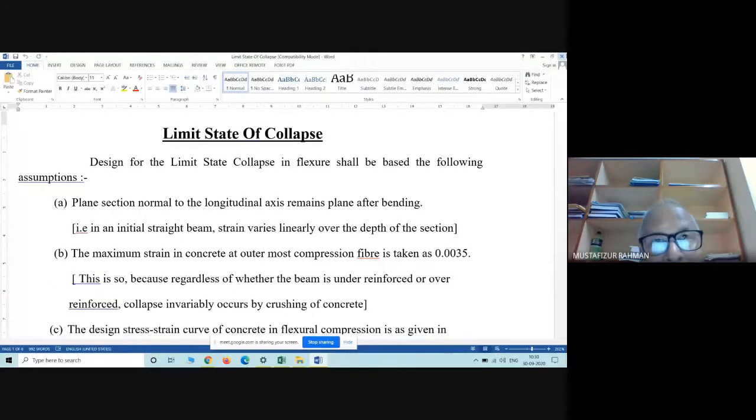At the end of 28 days, beyond the strain we get, there will still be change of deformation, but it will be negligible. So it is considered that the maximum strain will be 0.0035.